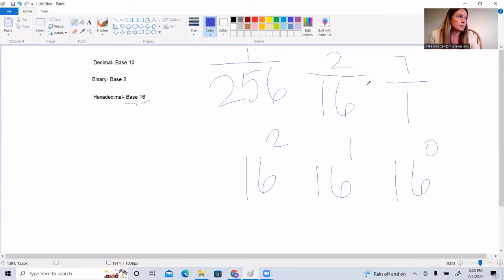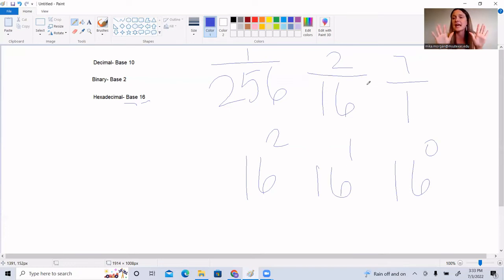With base 2, we said a single digit only has 2 options. So it's 0 and 1, okay? In base 16, a single digit can have 16 options. So now instead of our issue being that we were very limited, now we have so many options, we don't have enough numbers to represent them all, right?